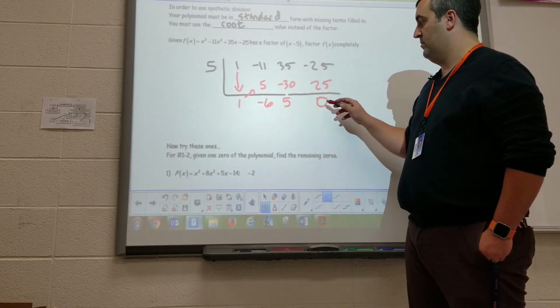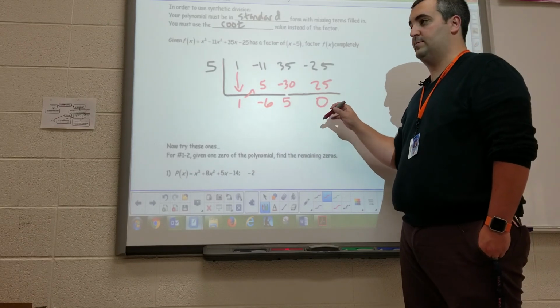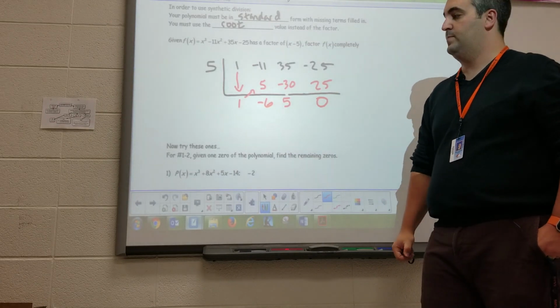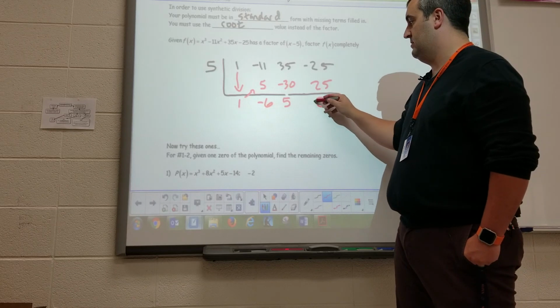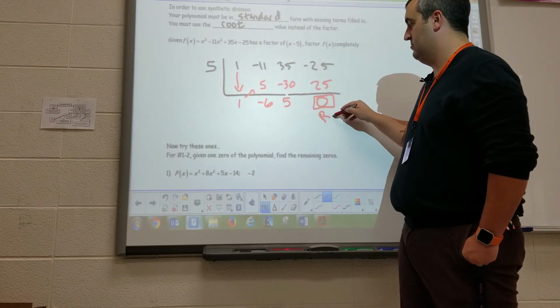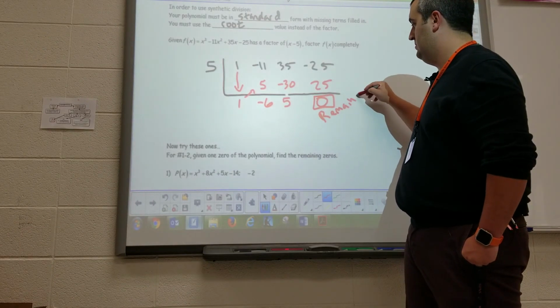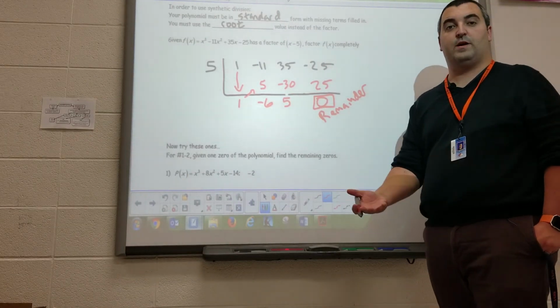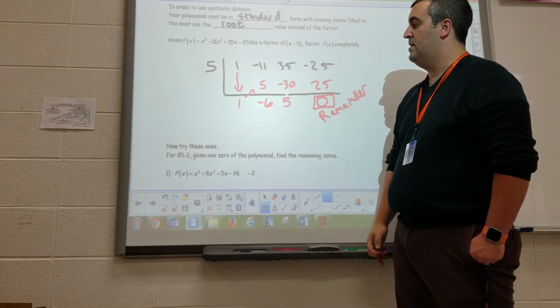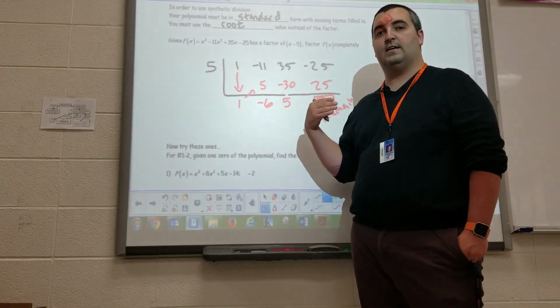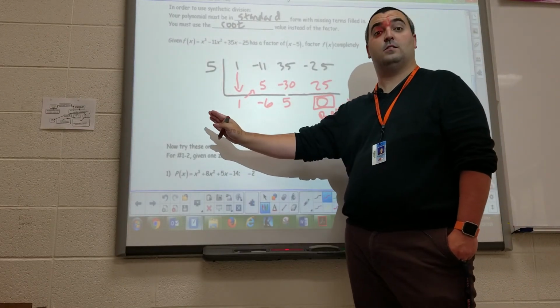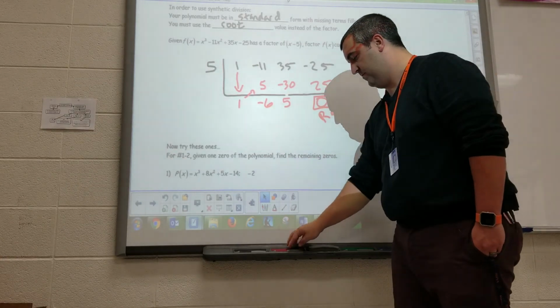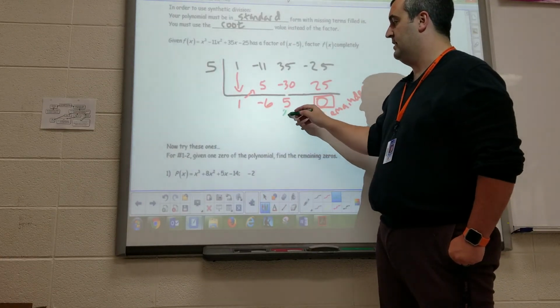So before, when we were doing synthetic substitution, that would be your answer. Well, now this is your remainder. Okay, that's your remainder, which is what we wanted. We wanted a remainder of 0 because it's a factor. And then the way I like to do it is I like to go right to left. So this first number is the constant.